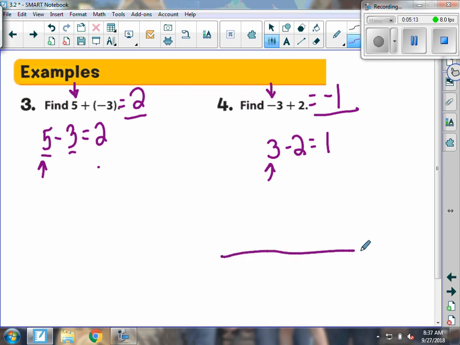We can also look at this on a number line. So here's 0, negative 3, and when I add, I go to the right. If I'm adding 2, that goes 1, 2, that puts me at negative 1.